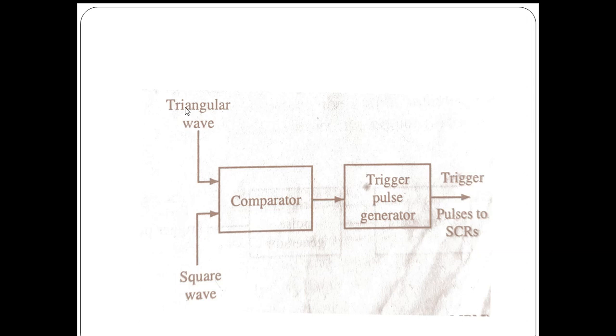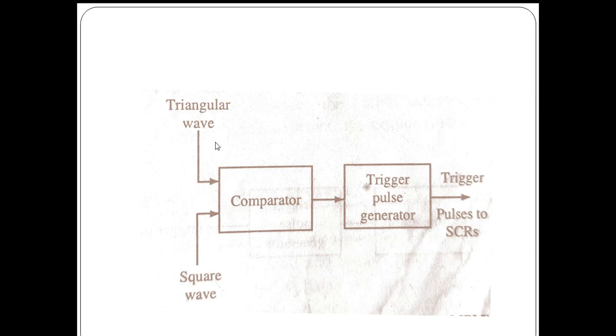And the carrier wave is a triangular wave. The magnitude of this voltage is VC and the frequency is omega c. Both waveforms are compared in a comparator.